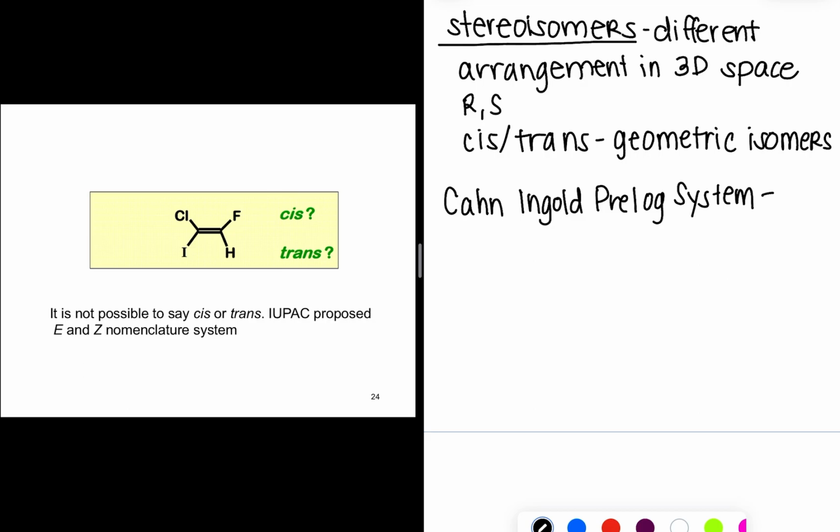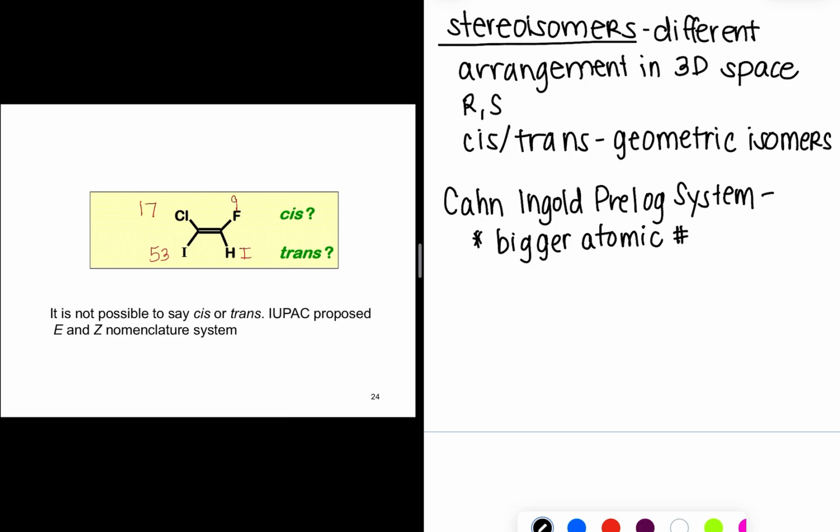And what we're looking at here is bigger atomic number. So the atom that has the biggest: fluorine has atomic number 9, hydrogen is atomic number 1, iodine is atomic number 53, chlorine is atomic number 17.